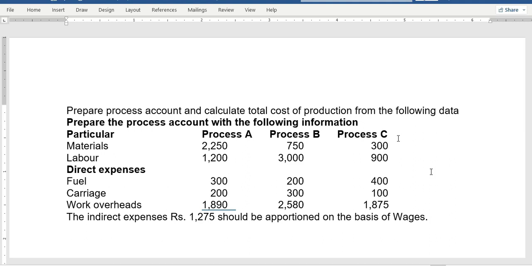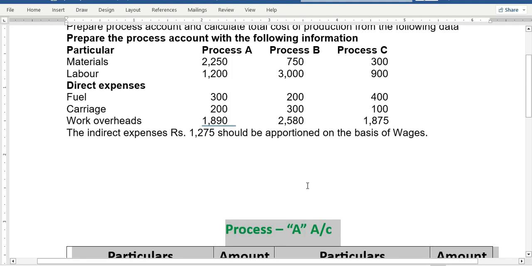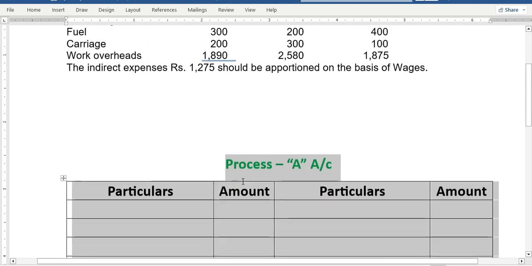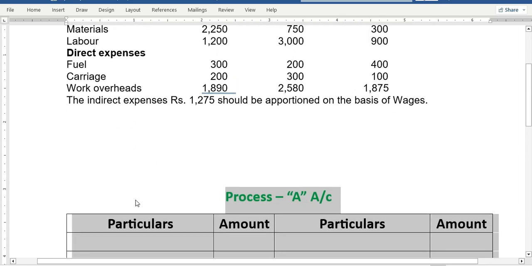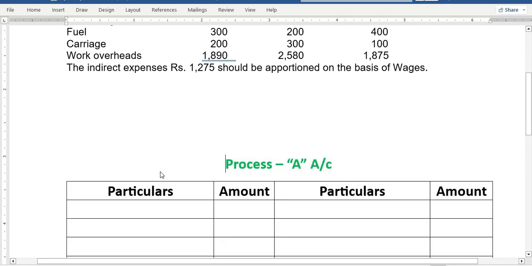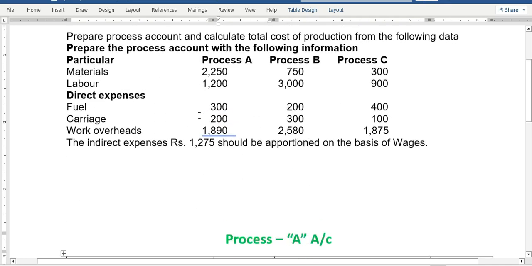First we are going to calculate the process A account. We are going to post all those expenses like material, labor, fuel, carriage and work overheads. First, to material, it is 2250. Next is labor, 1200.